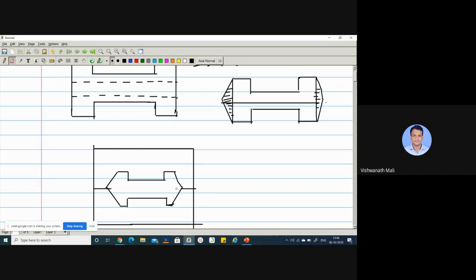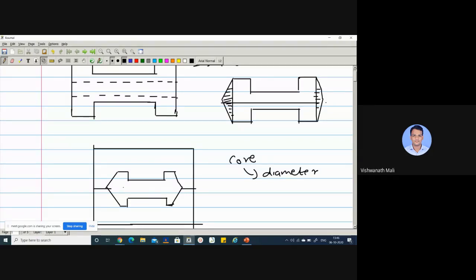Now we want to produce the hole inside this part. If we are not using a core, what happens? We will pour the molten metal into this cavity and we will get a solid, and afterwards we need to drill the hole. But as we require the hole inside this, we need to use the core. So a core of required diameter.